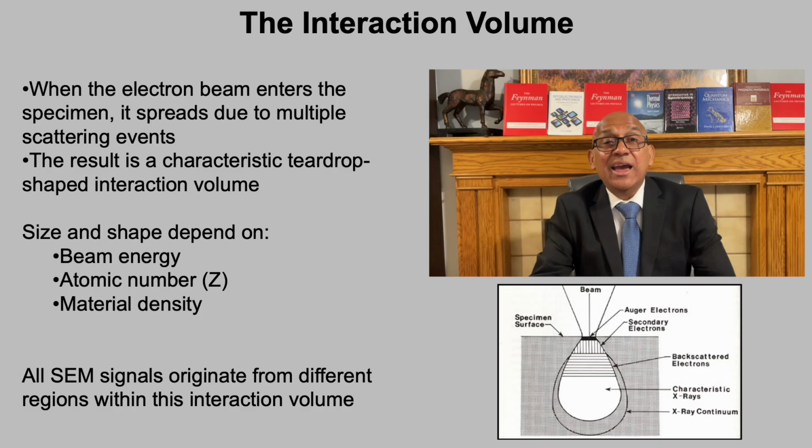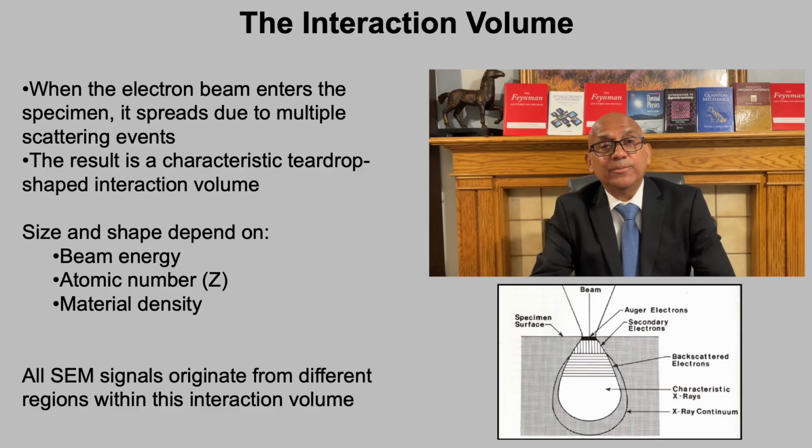The size and shape of this interaction volume depend strongly on the beam energy and on the properties of the material, particularly atomic number and density.